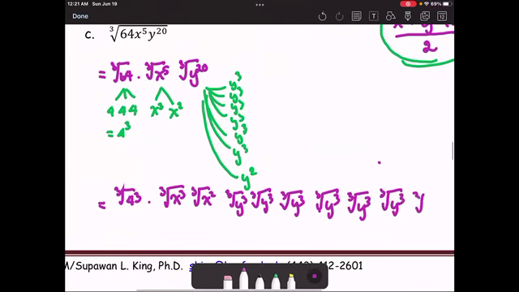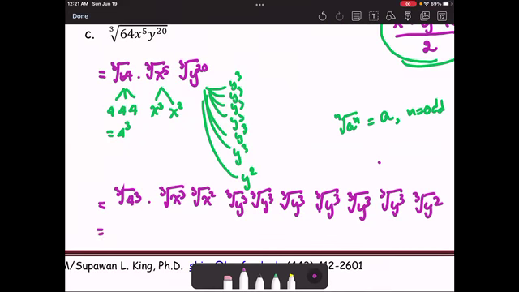And then the last one is the cube root of y to the second. For this case, the index n is an odd number. So we do not have to put the absolute value for the result of each factor.